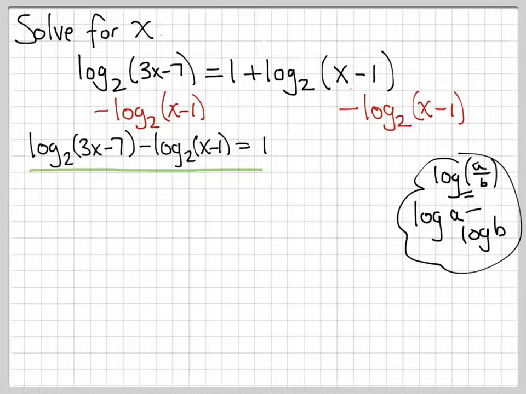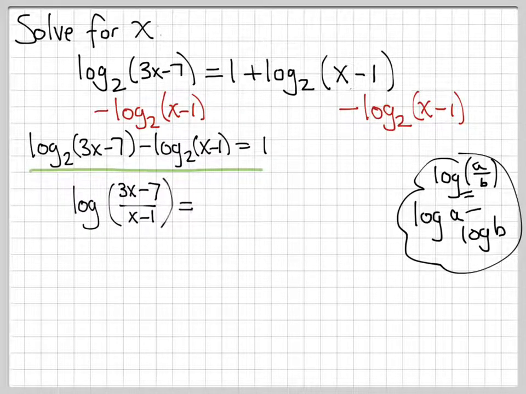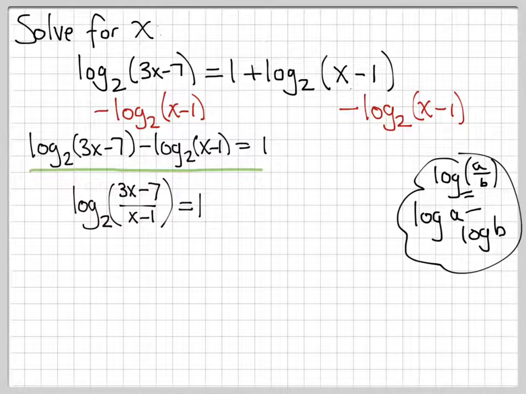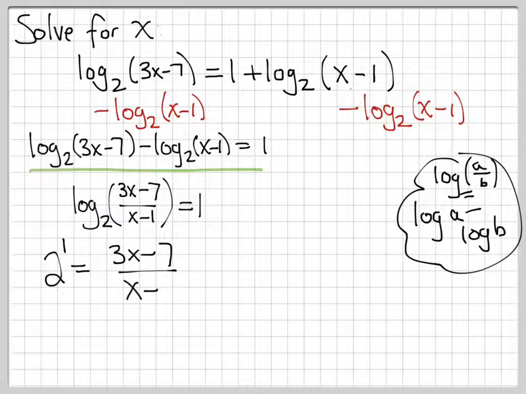And so since I'm subtracting two logs, I can just instead write the log of the first divided by the second. Now, we can use our highlighted rule. We're going to go ahead and replace this with 2 to the 1 equals 3x minus 7 over x minus 1.